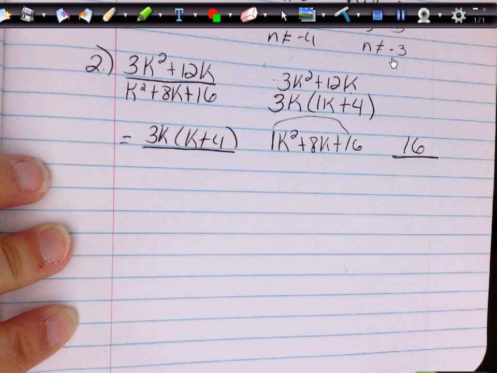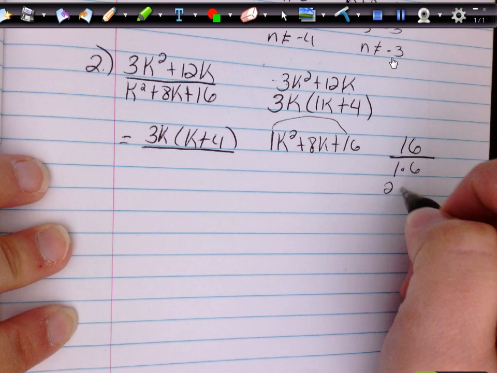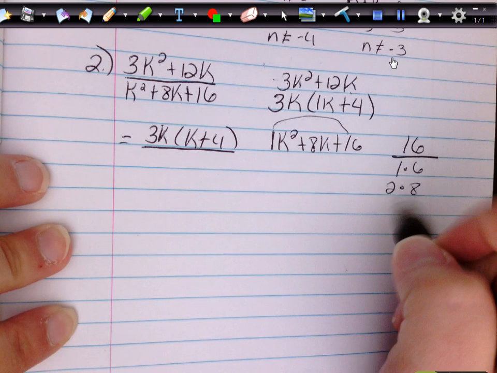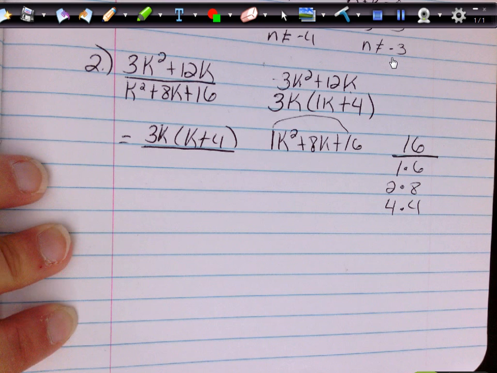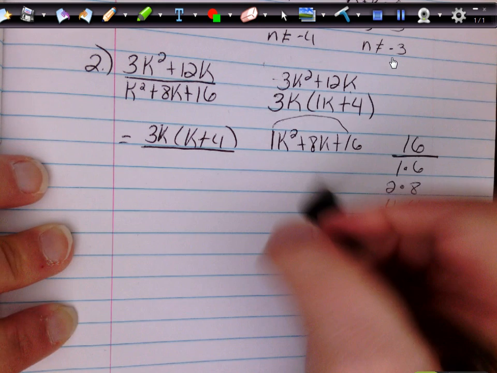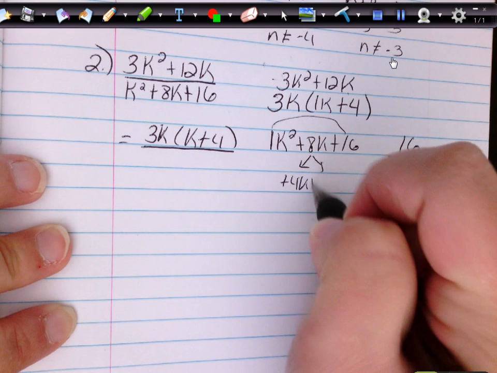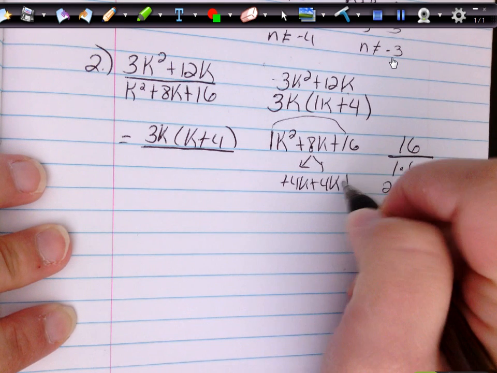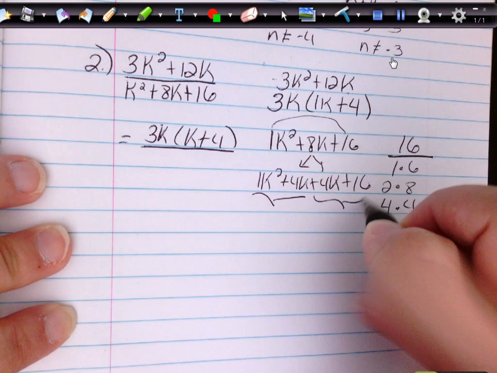Now I'm going to list my factors for 16: 1 and 16, 2 and 8, and 4 and 4. I have to figure out which of those gives me 8, and that would be the 4 and 4. So I'm going to split the 8k up into 4k and 4k, bring down my 16 and my 1k squared, and group them.